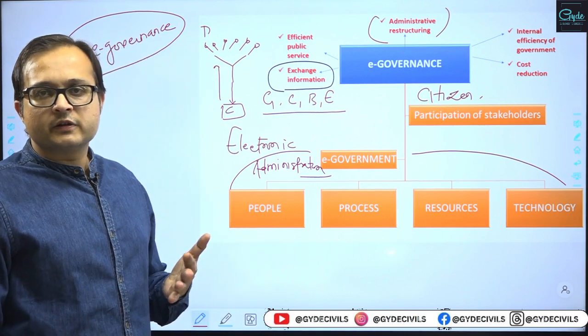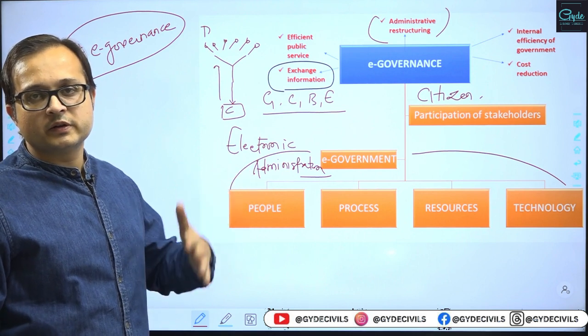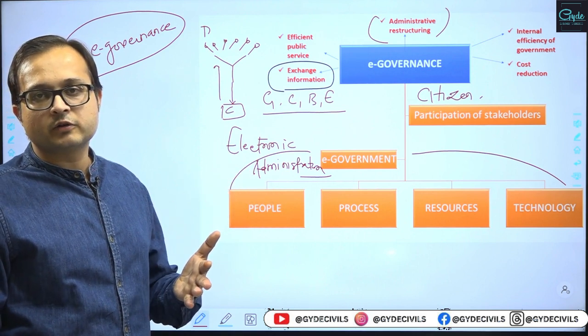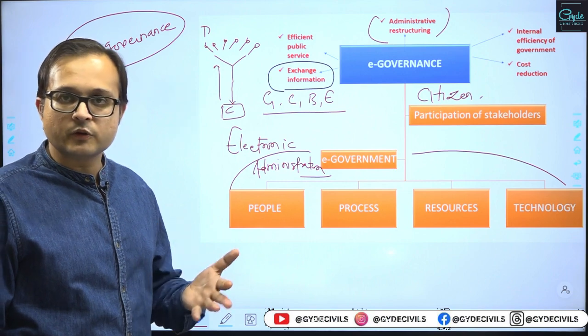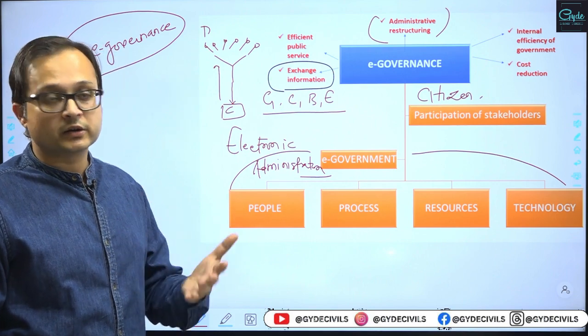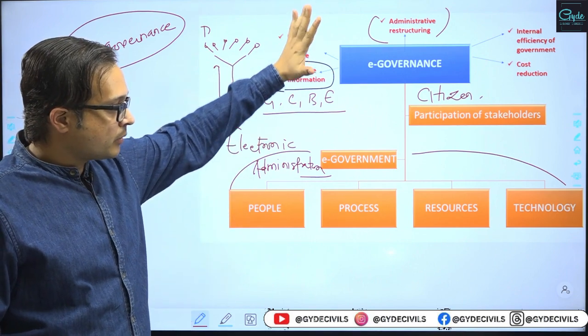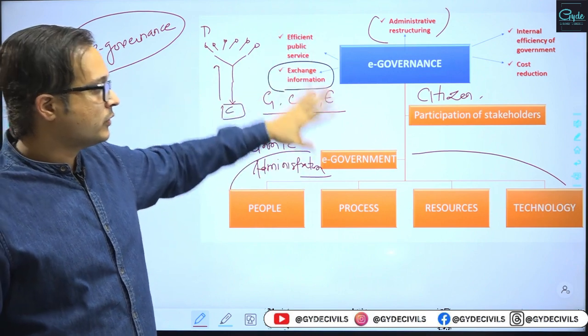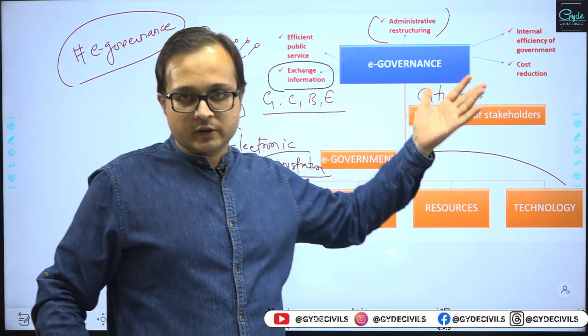If communication is established between governmental departments and the citizens, it becomes a bi-directional mechanism of transfer or sharing of information. Ultimately, it becomes e-governance. So the overall participation of the stakeholders converts e-government into e-governance.